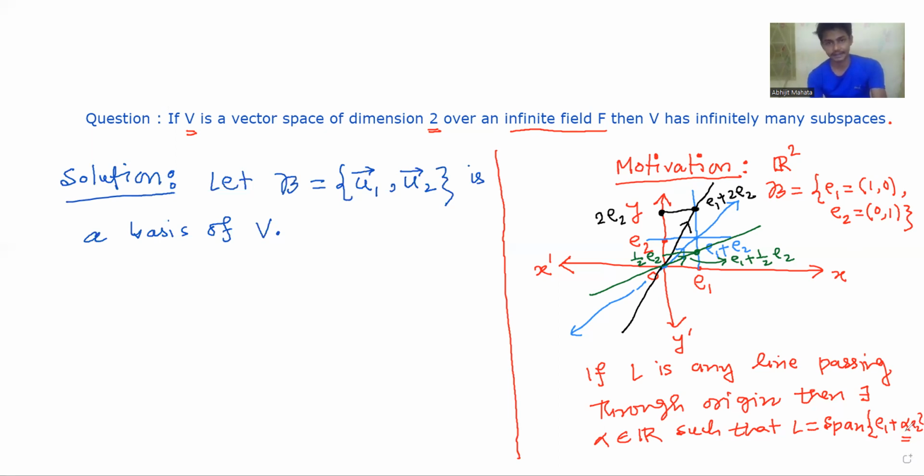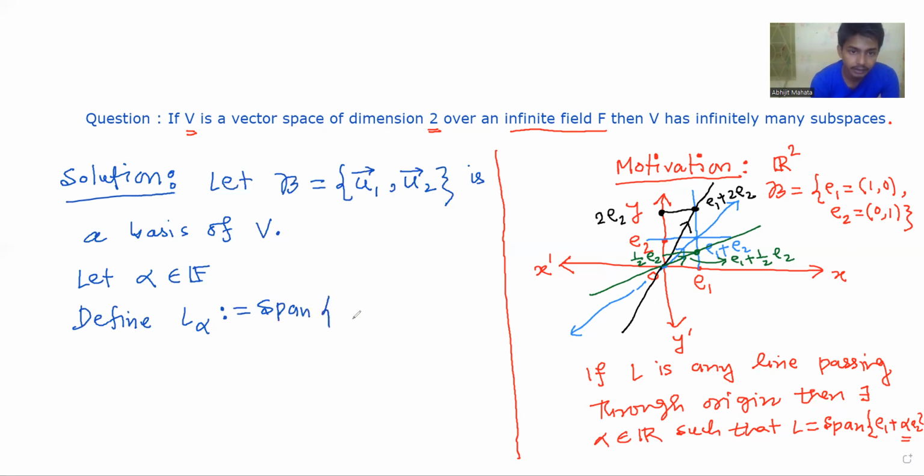The same thing we do here. We choose a scalar alpha from F and define L alpha, which is nothing but the span of the vector u1 plus alpha of u2.